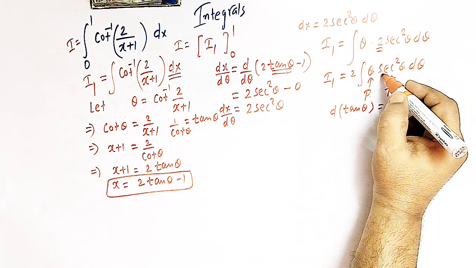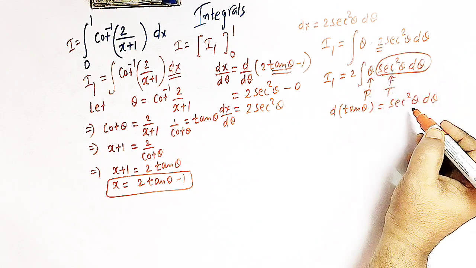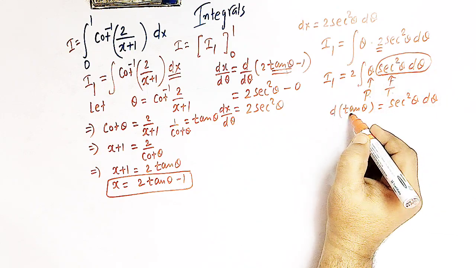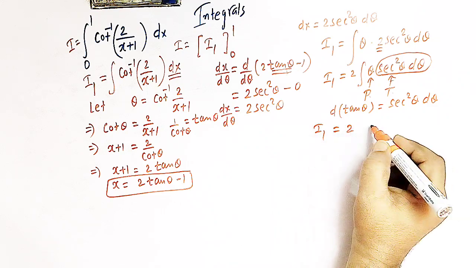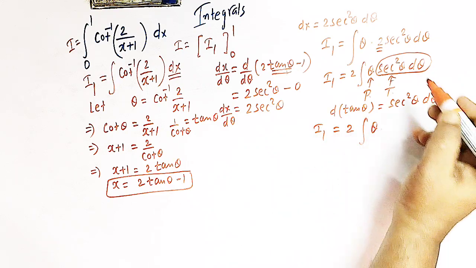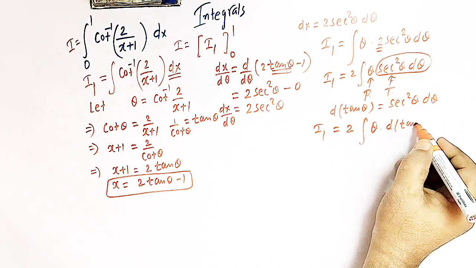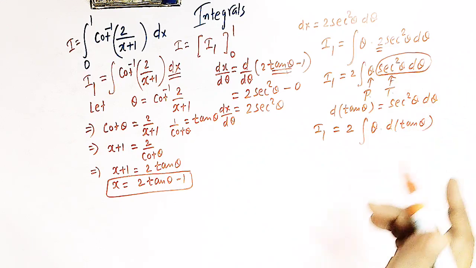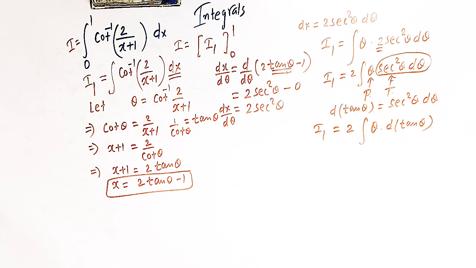So we can replace secant square theta d theta by d of tan theta. So we can now write I1 is equal to 2 times integral of theta d of tan theta, so that we can apply the method of integration by parts.